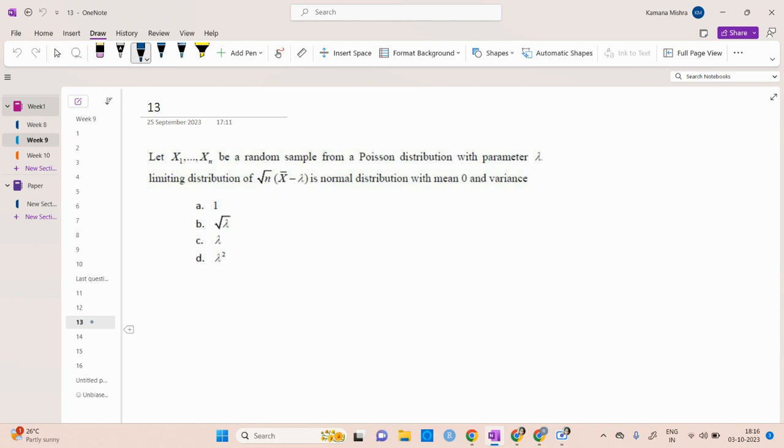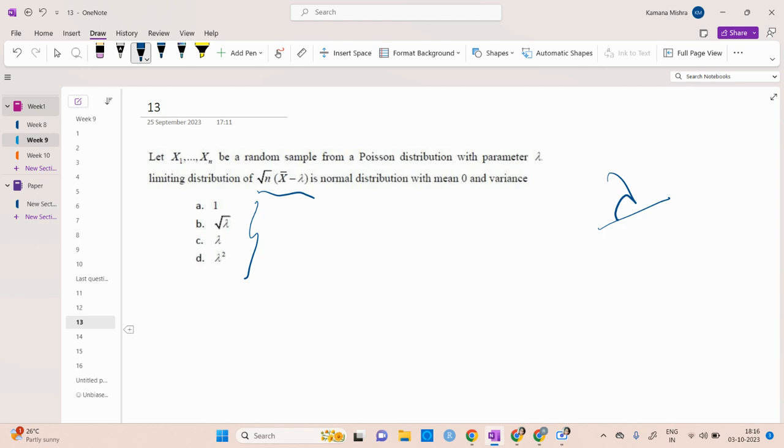We want to find the limiting distribution, which is normal with mean 0, and we want to find its variance.